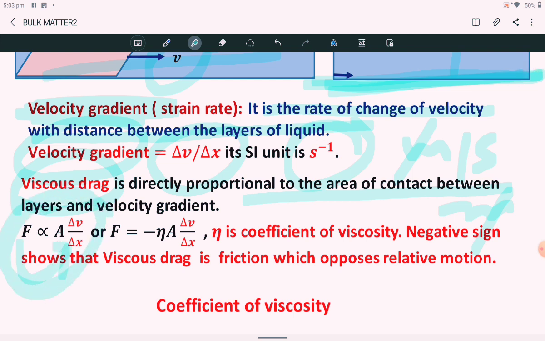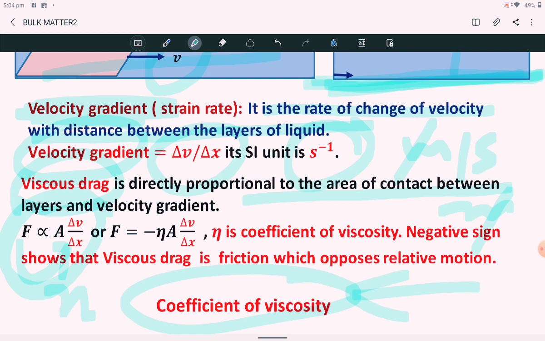So when we remove the variation sign, we will get the equal sign, and there will be a constant. That constant is known as coefficient of viscosity, and the symbol over here is known as eta. So F is equal to minus eta A dv by dx, or del v by del x, whatever.